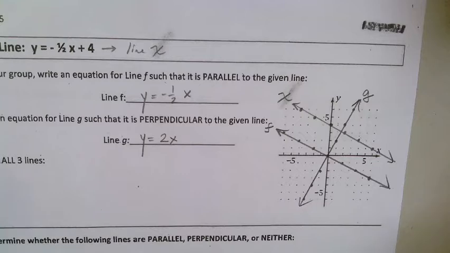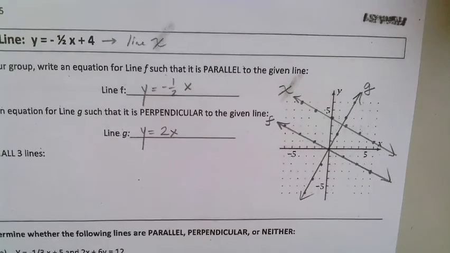Now, determine whether the following lines are parallel, perpendicular, or neither. Now, I will tell you this. You could go ahead and plug all of these equations into Desmos and then count the rise and run if you can find 2 points that are on the line.